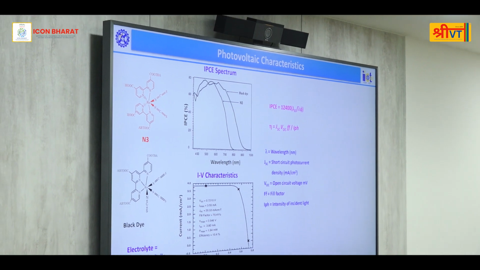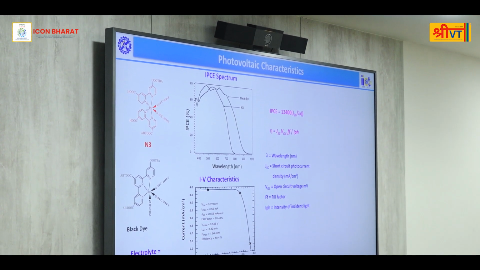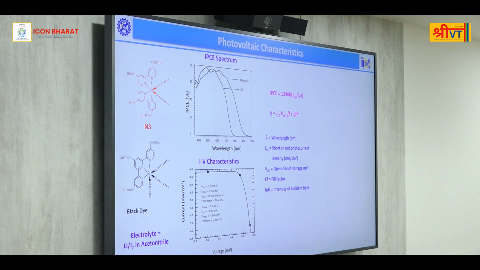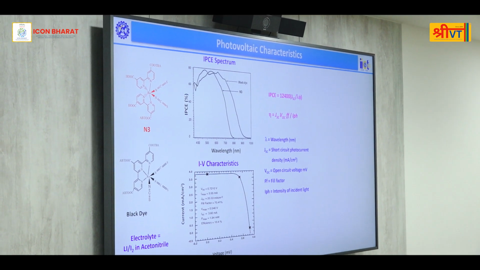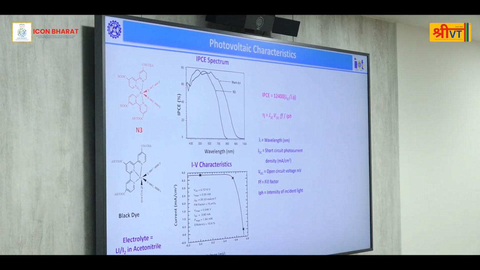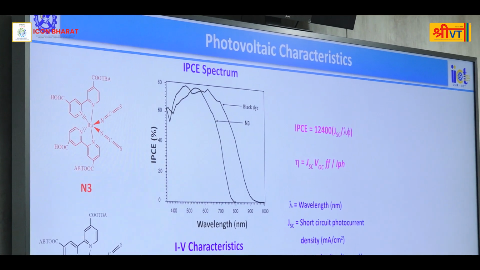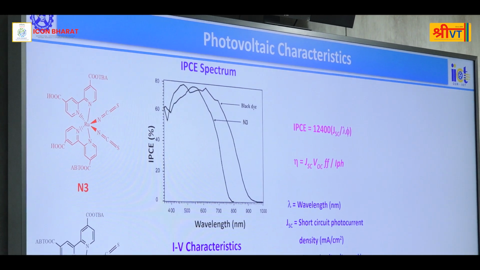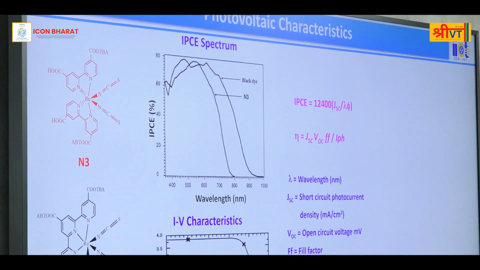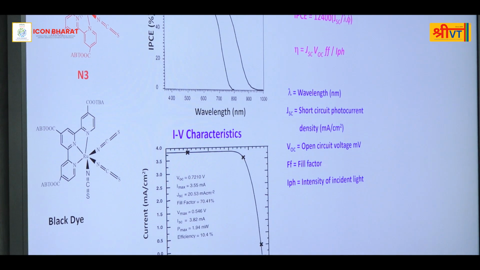So whether it is third generation solar cells or first or second generation solar cells, the characterization part is similar. First we have to see the IPCE, the incident photon to current conversion efficiency. See, all molecules in solution exhibit one kind of absorption spectra, but in the solid state it is broad because of aggregation.